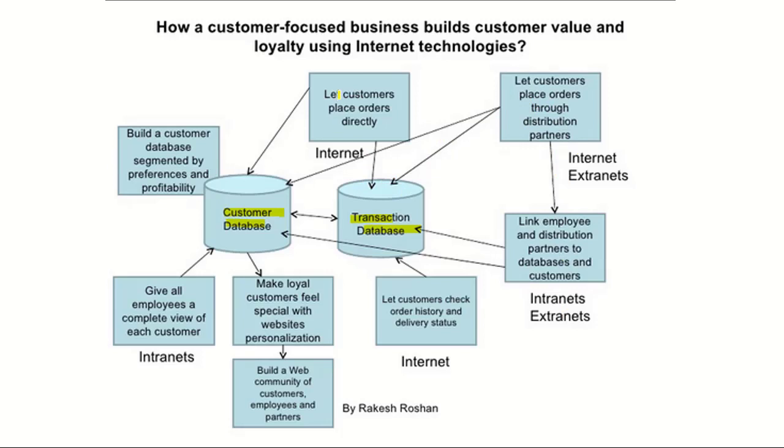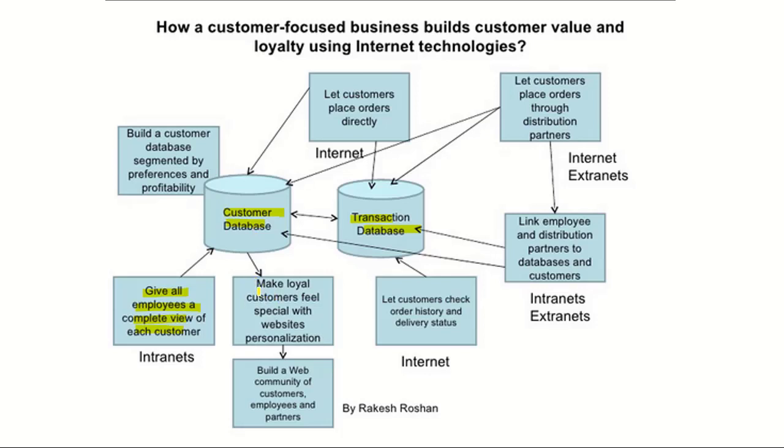And using the internet, other members of the group who are not members can see orders directly through the internet to the browsers. And those who are linked in the customer, we have the intranets. Okay, so it will give all employees a complete view of each customer by linking in this particular database.